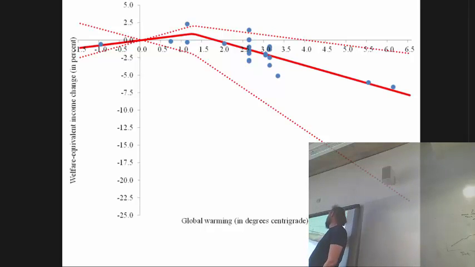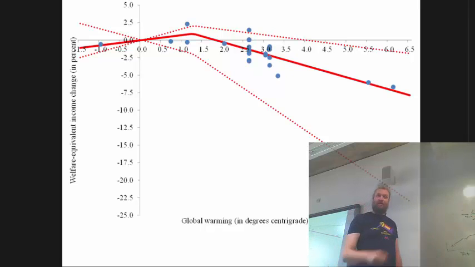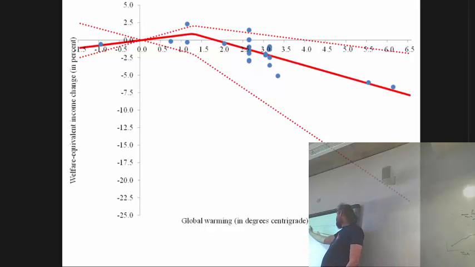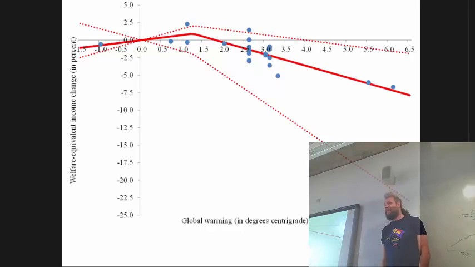We will have to work very, very hard to keep warming below 2 degrees. More likely we need to start counting on 3 or 4 degrees of warming. And the initial benefits of climate change are so-called sunk benefits. We will get them regardless of what we do. If you would stop all emissions today, then the world would easily warm another degree or so. So the initial benefits are sunk benefits. They're irrelevant for policy. And that's the second message.